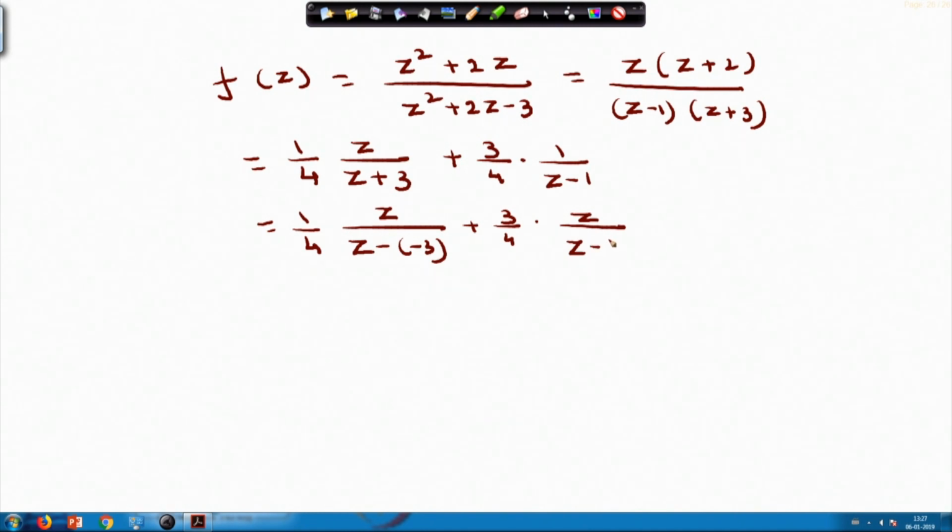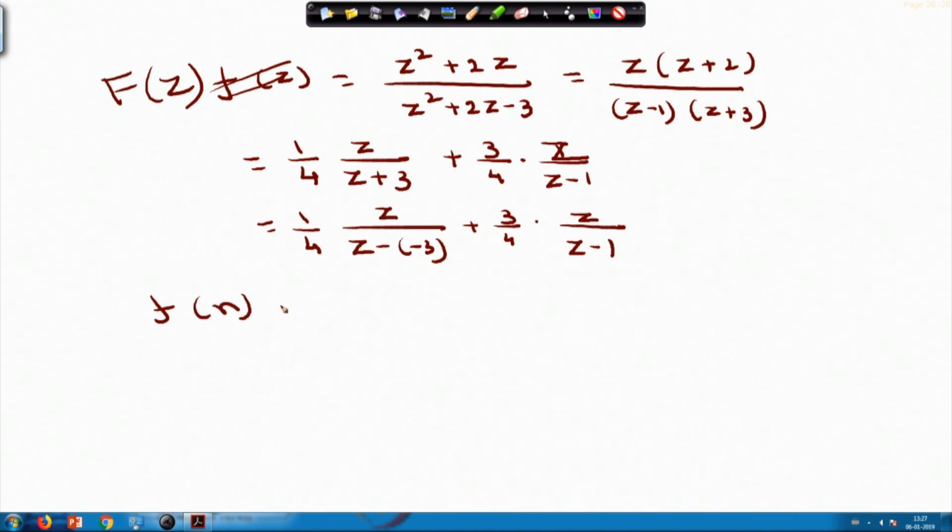Sorry, I have written this wrongly; this will be capital F z, please note this, not small f z. Capital F z is the z transform of f n.